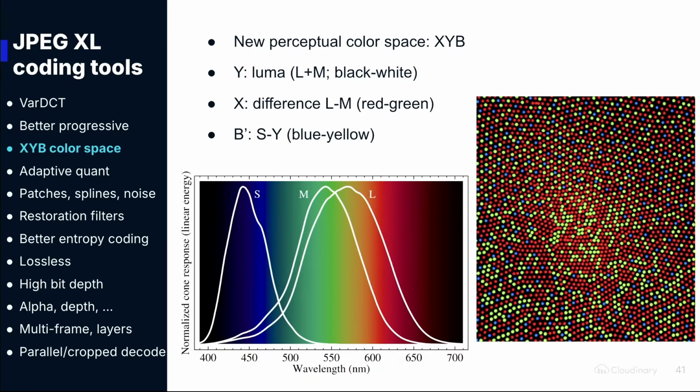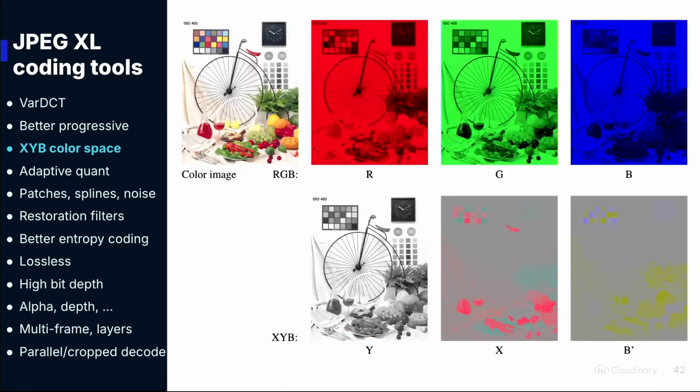Another aspect is the color space that we use. So in JPEG XL, we've created a new color space called XYB, which is modeled on the way human eyes actually work. So it's based on LMS, which is the three color cones that we have in our retina. I'm not going to go into the details, but basically the RGB image gets converted into this XYB representation that boils down, like YCbCr, to luma and two chroma channels.